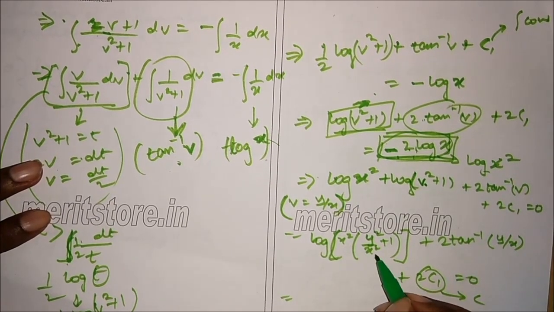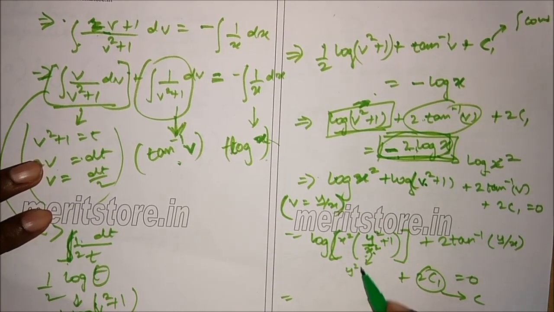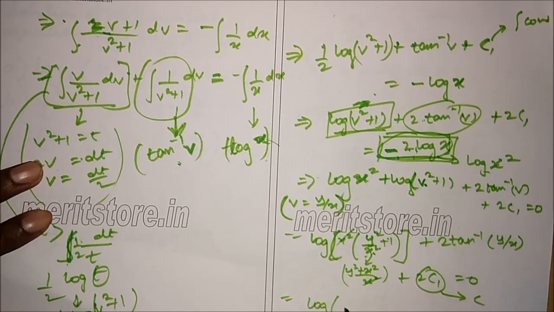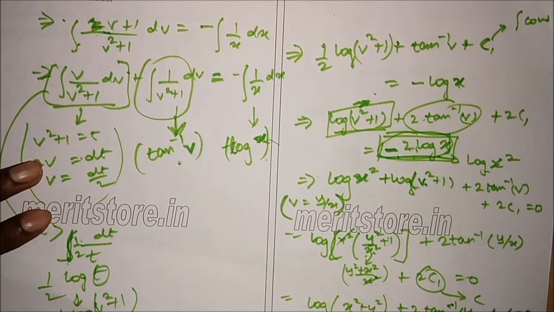So now when we cross multiply, we get y square plus x square by x square, and the x square term gets cancelled. We are left with log of x square plus y square plus 2 tan inverse of y by x, and this constant is c, so this will be equal to 0.